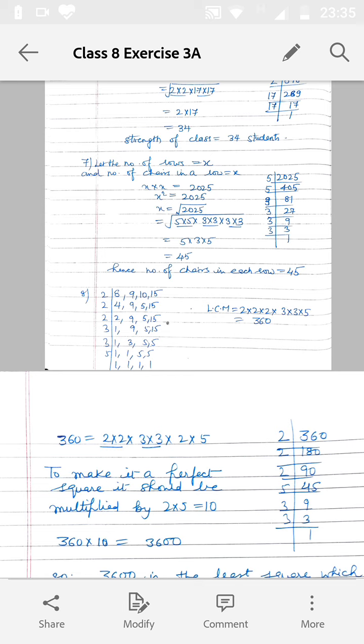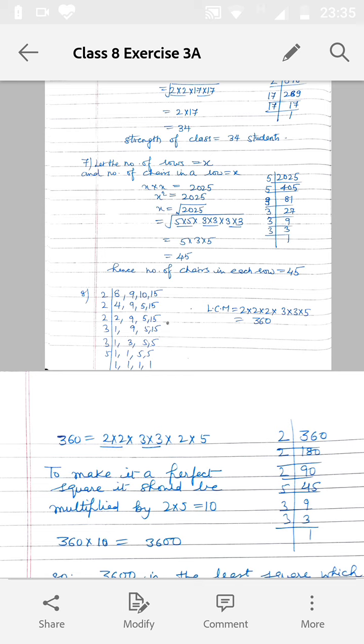Find the least square number which is exactly divisible by each of the numbers given to me, that is 8, 9, 10 and 15. So what is the concept behind it? First of all, we have to find the least common multiple of these numbers, because these numbers can divide 360 completely, as the LCM of these numbers is 360. So 8 will divide 360, 9 can also divide 360, 10 can also divide 360 and 15 can also divide 360.